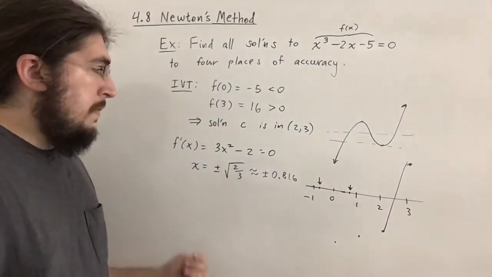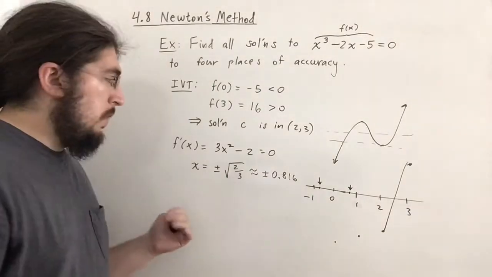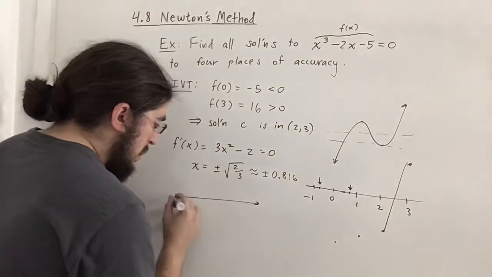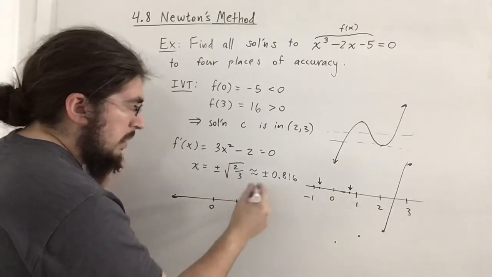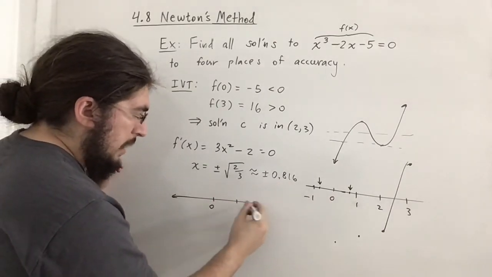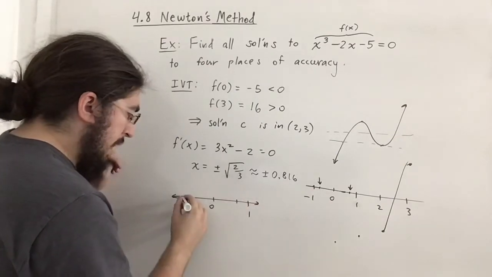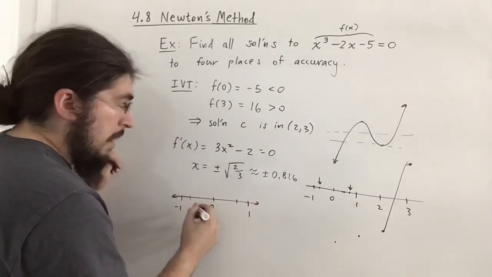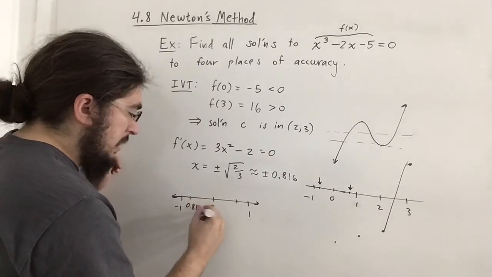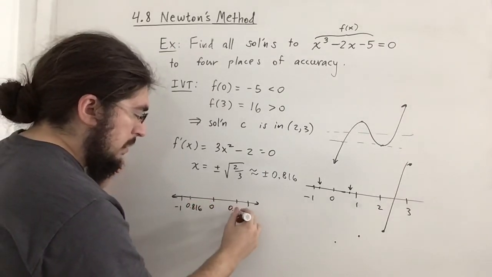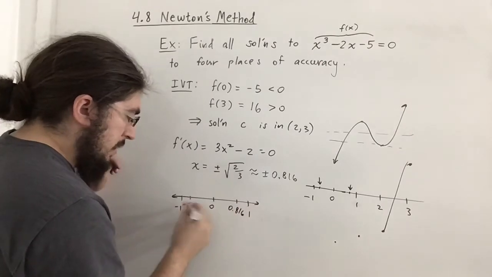We have a maximum and minimum, and in fact we can tell which one's which by considering test points around them. I'm just going to draw them like this. So this is negative 0.816 and this is positive 0.816. Just like that. That's negative, that's positive.